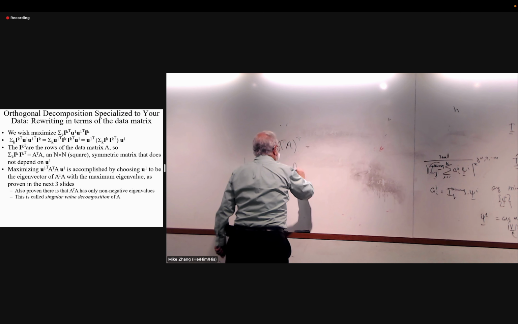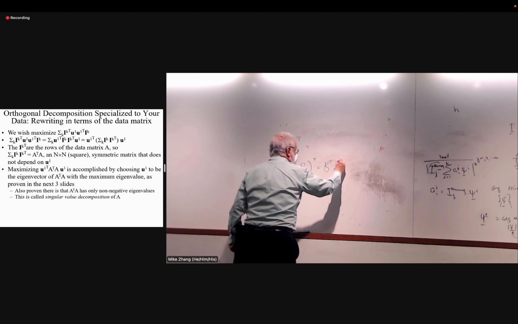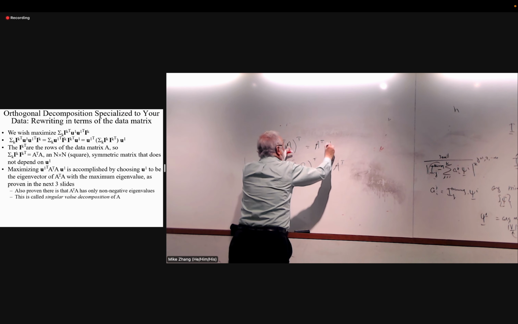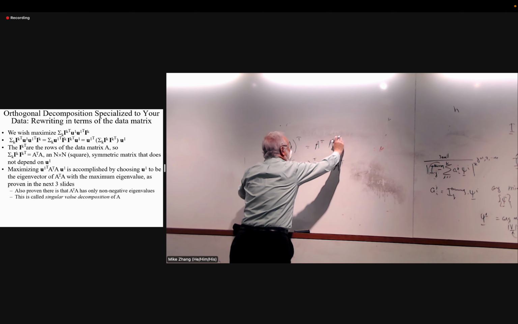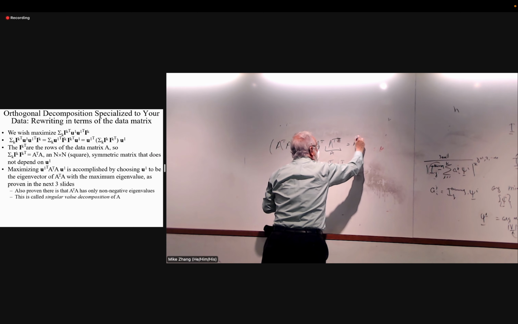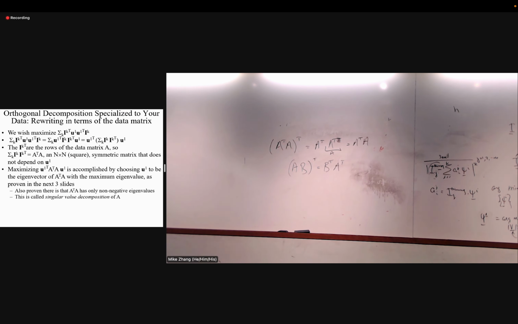And (AB) transpose is B transpose A transpose. So this is (A transpose A) transpose transpose, but this is just A. So A transpose A is a matrix that is symmetric, right? Its transpose is equal to itself. If you reflect about the diagonal of a square matrix.